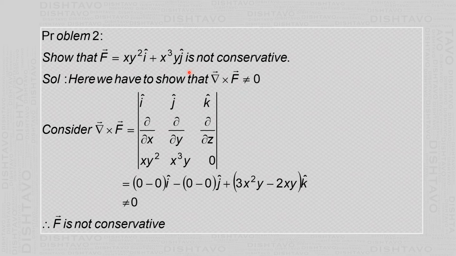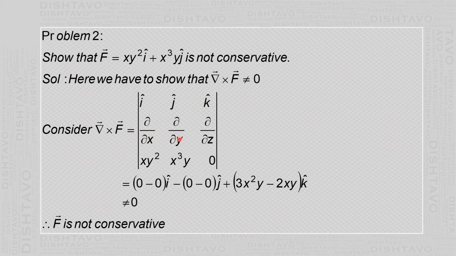Now to show that this vector f is not conservative, we have to show that curl of that vector f is not equal to 0. So let us calculate now what is that curl of the vector f. Curl of the vector f means del cross f. We evaluate this del cross f by using a 3 by 3 determinant, where the first row contains unit vectors i cap, j cap, k cap.